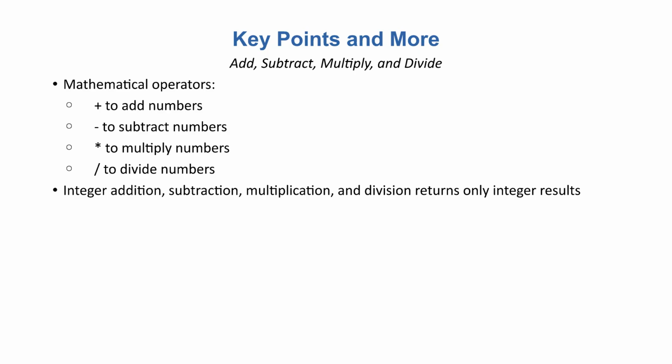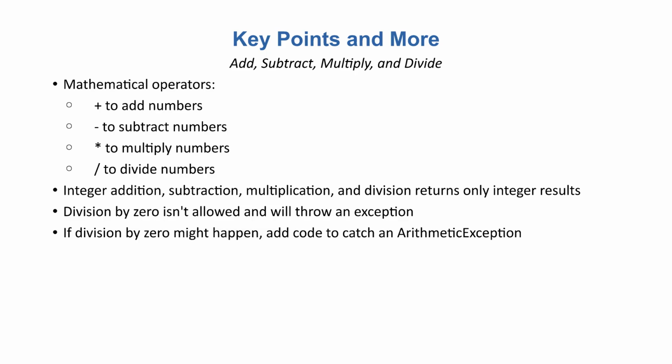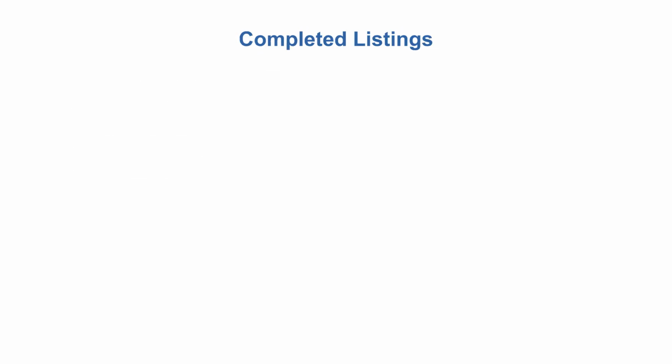Decimal numbers will be covered in the next lesson. Division by 0 isn't allowed and will throw an exception. If division by 0 might happen and you don't want it to end the program, add code to catch an arithmetic exception. Here are the completed listings for the exercises in this video.